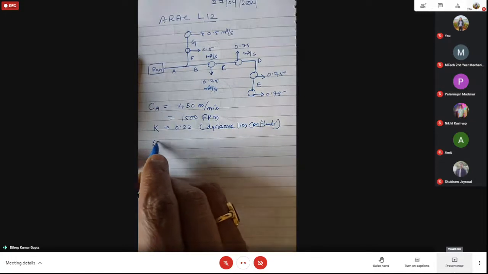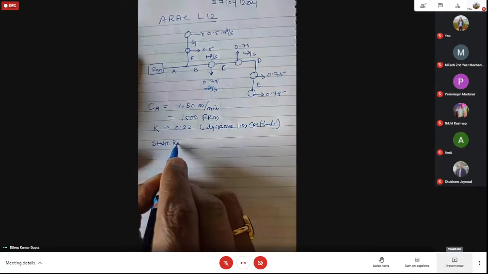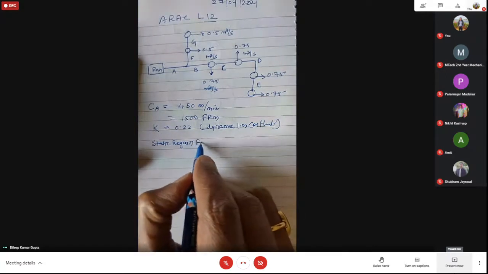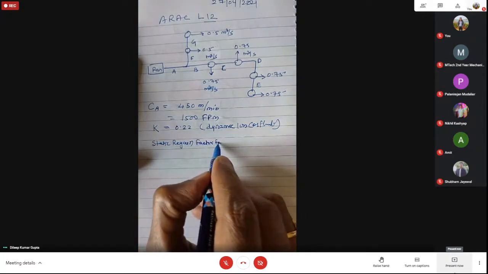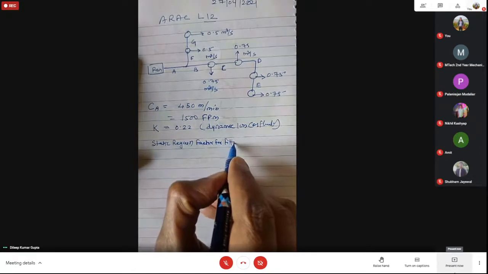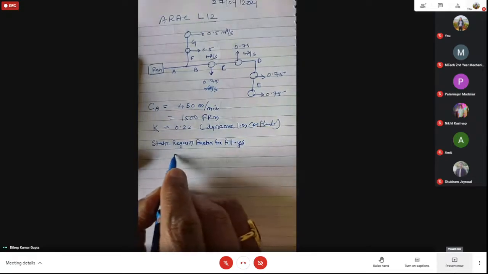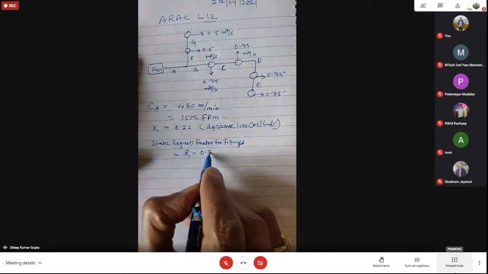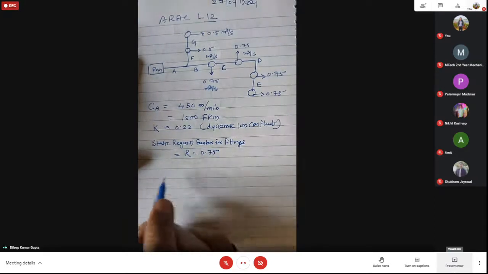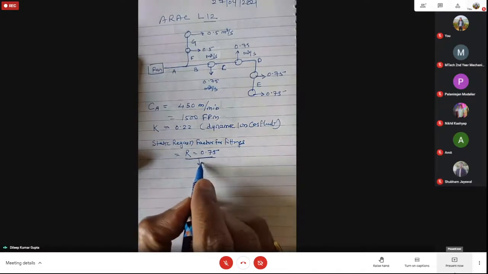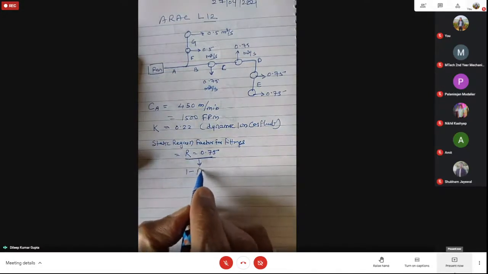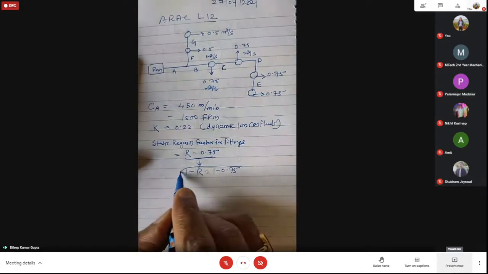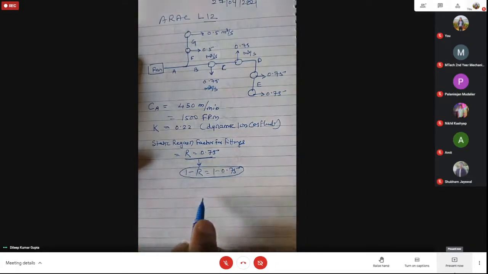And the static regain factor for fittings is R equal to 0.75. Means this is the regain, so what is the loss here? Loss will be 1 minus R, that will be equal to 1 minus 0.75. This is the loss of pressure due to fittings.